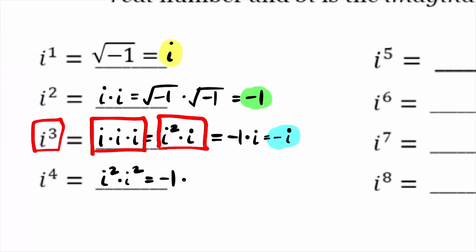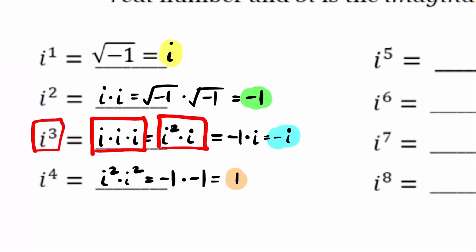And what's the answer to the other i squared? Another -1. What's -1 times -1? +1. I like i squared and i to the fourth because look at their answers: -1 and +1. Those are nice numbers. i and negative i, not so nice.